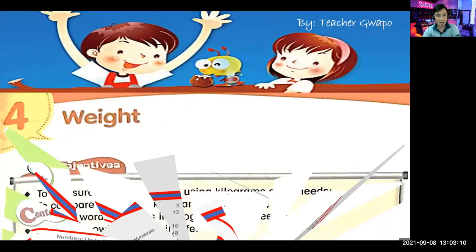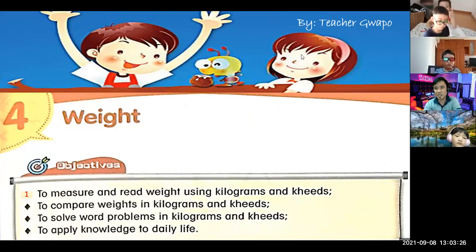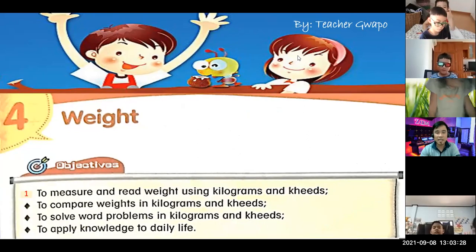These are the objectives that we have in this chapter. First, we have to measure and read weight using kilograms and kids. I want you to know that the word kid is only used here in Thailand, not in other countries. In other countries, instead of kid, they use the word hectogram.